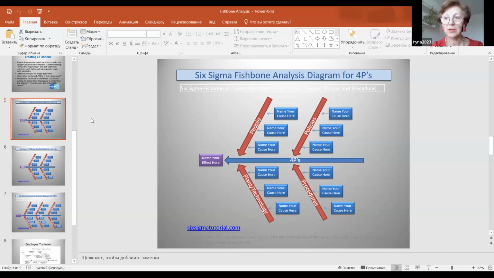And the other might be due to bosses. They are not happy with the boss or management, so they opt to leave the company. Okay, good. Now we have the feeling of how the analysis can be done.